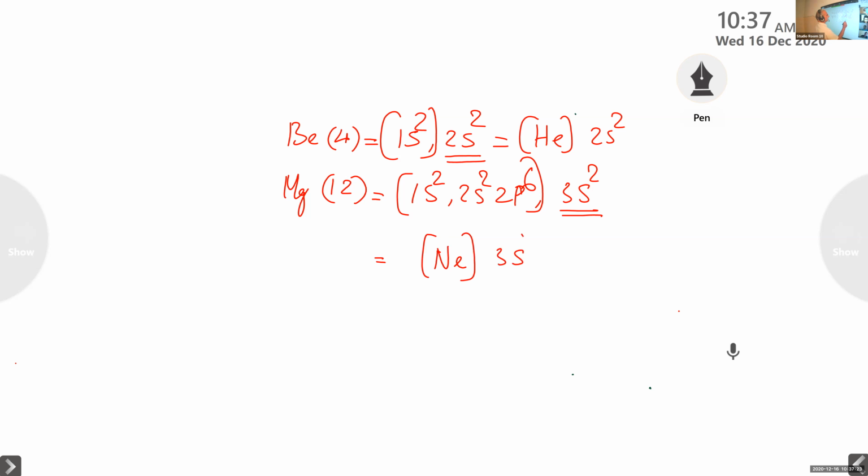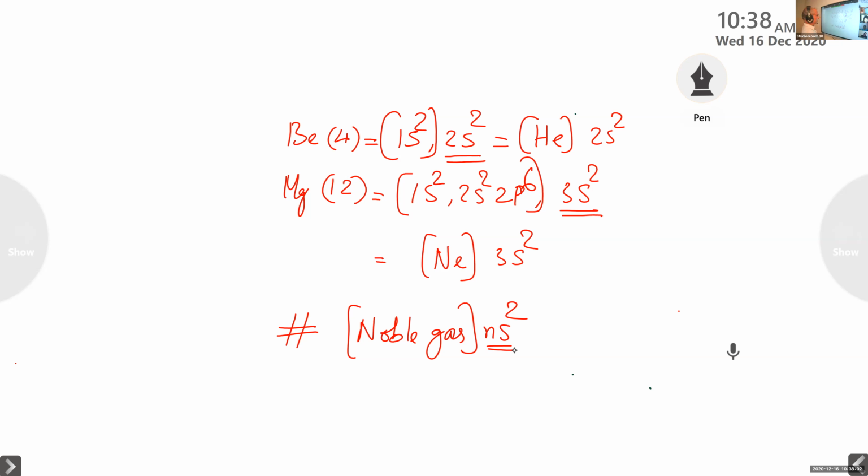Then 3s2. So we can write the general electronic configuration as the inner core of the noble gas, and then ns2, where n is the outermost shell.